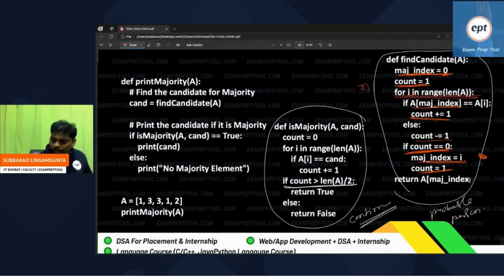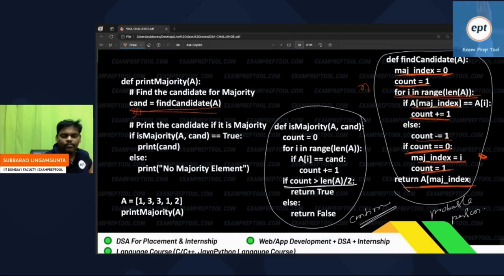Now after finding, you will return the majority element. Can you see this one? So let me go here. Find the candidate. Let us assume that the candidate is 30.